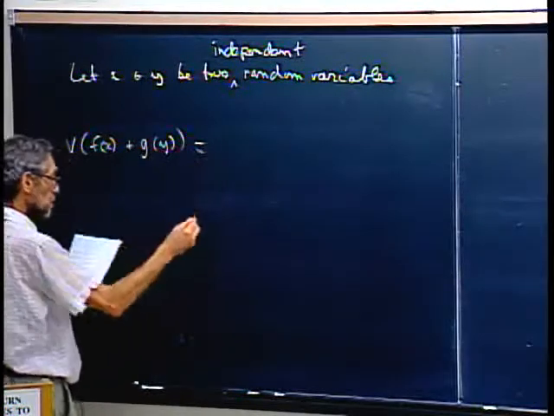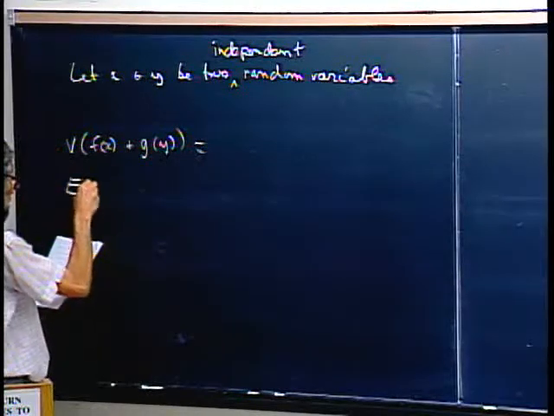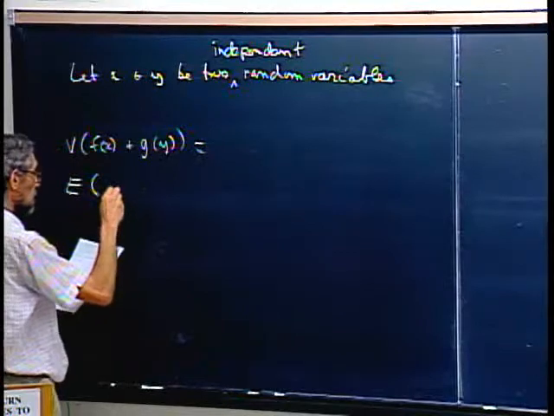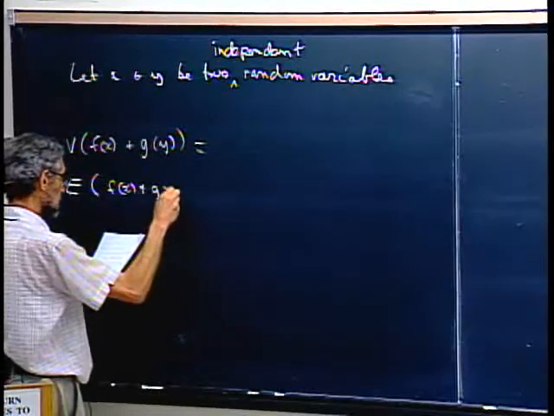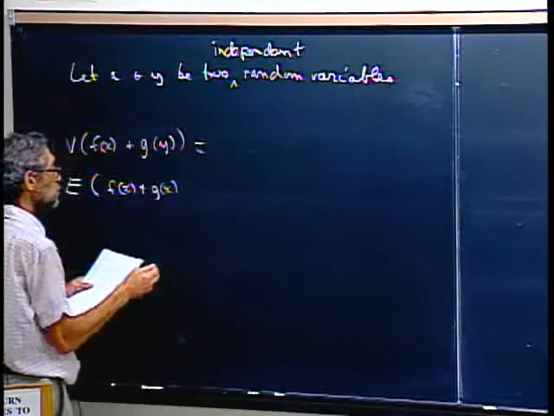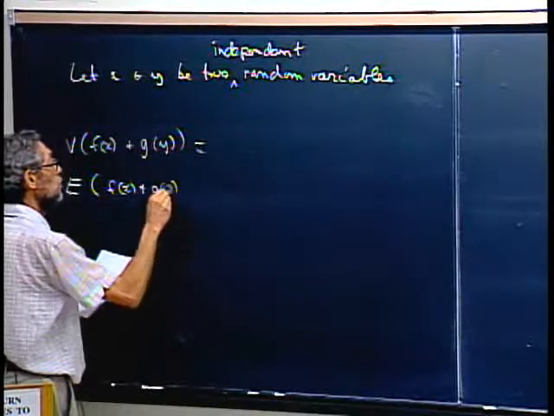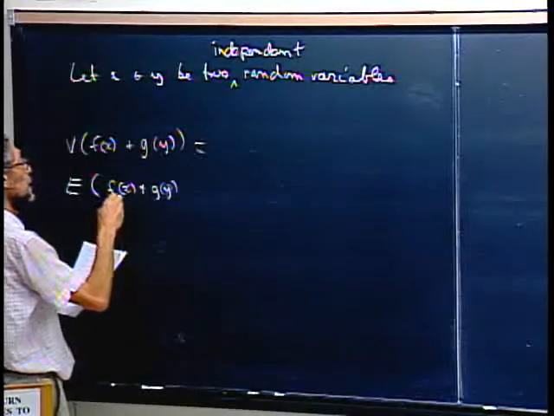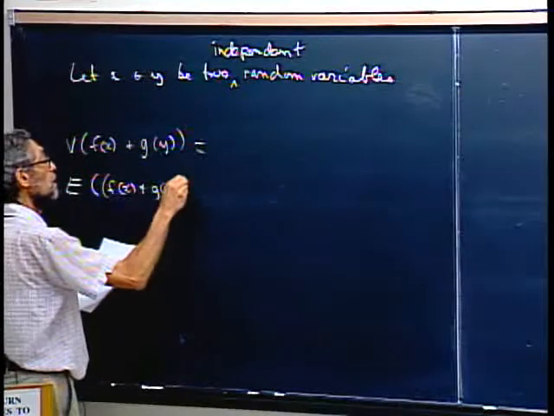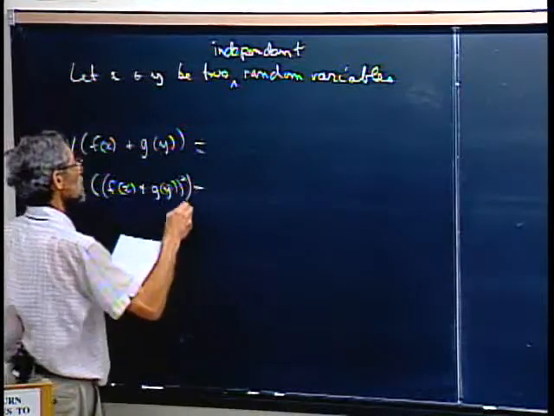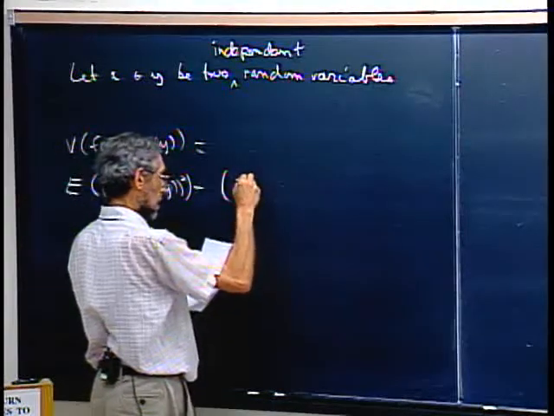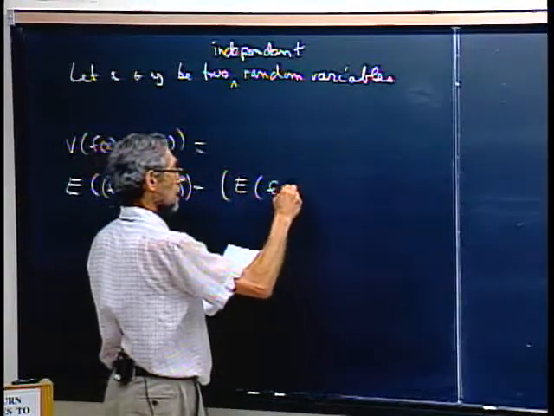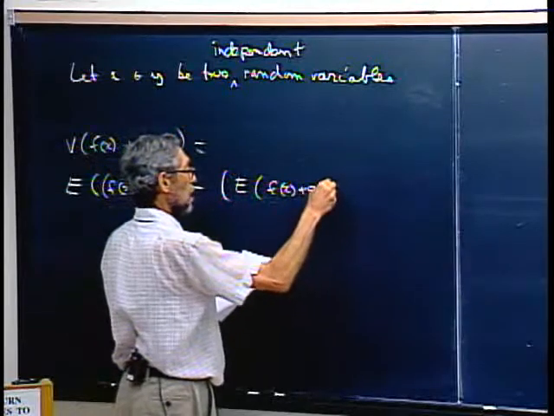By definition, that's the expectation of f of x plus g of x. Actually, not by definition. By the property I proved last time, we can write it as the expectation of this thing squared minus the square of the expectations, f of x plus g of y.